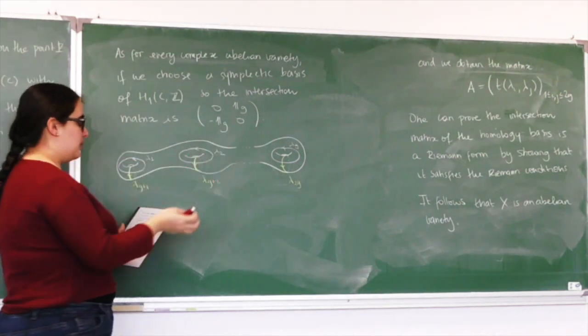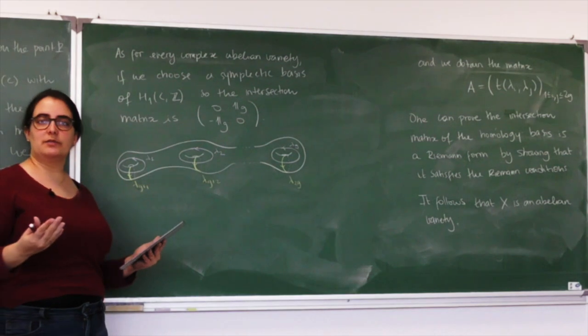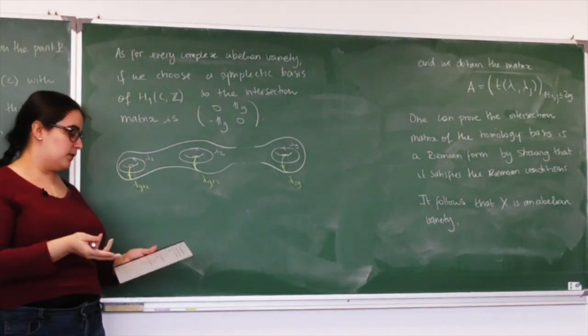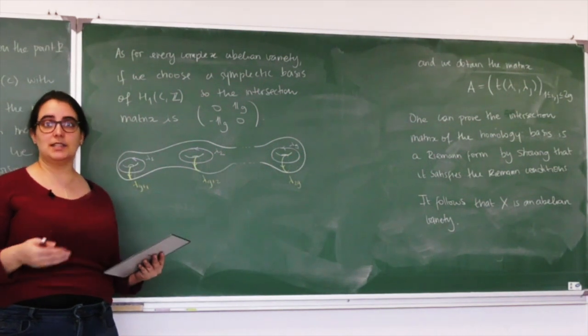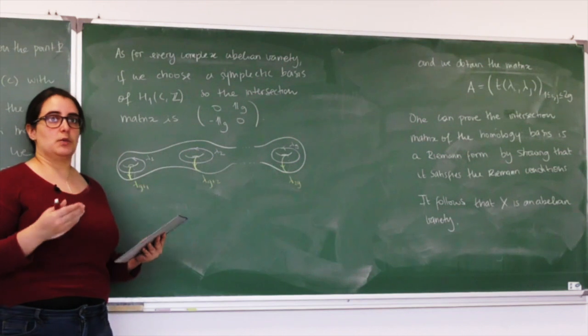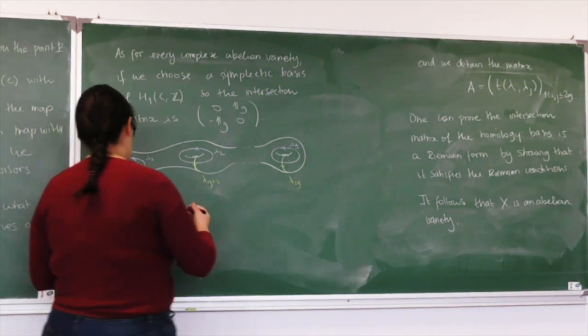Okay, so when we choose a symplectic basis of the homology in this form, we have that the Riemann form is of this shape. And so we choose a basis of the holomorphic differentials such that the second half of the period matrix is just the identity, by choosing the basis that corresponds to lambda G+1 to lambda 2G. So let me write that.